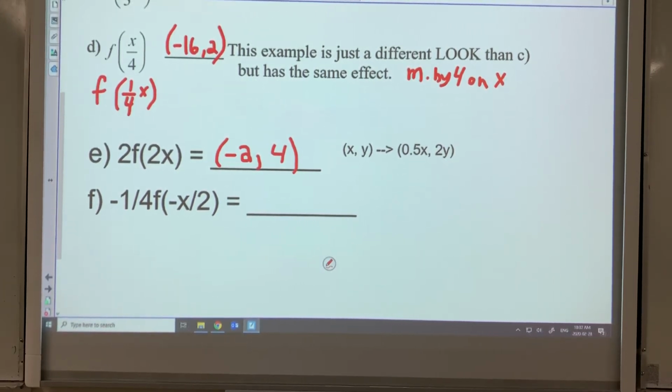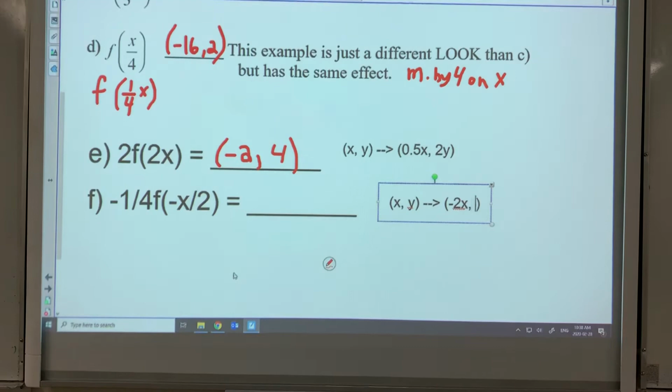Now for this next one, let's see what happens to our xy point. We got lots of things happening here. We got -1/2 on the x value, which means that you're going to multiply your x value by -2. So you're going to go -2x. So you're going to have a reflection over the y-axis and a stretch.